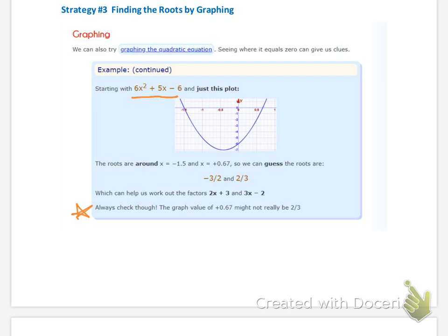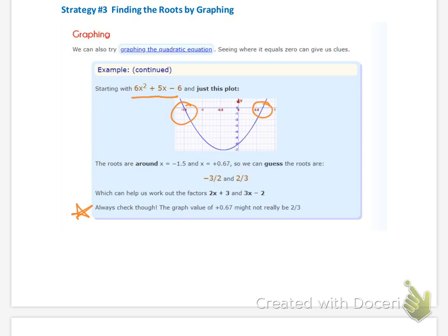I mean, this one is good. That's your -3/2. This one, not so much. That's going to be pretty tough to guess that that's 2/3. So for this particular example, it's not very easy to guess. Although it's always worth looking.